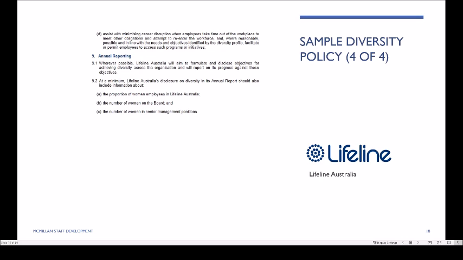So from this policy, we have all those procedures such as induction training, other training, reporting mechanisms, dispute resolution mechanisms, all those types of things that come out of this.